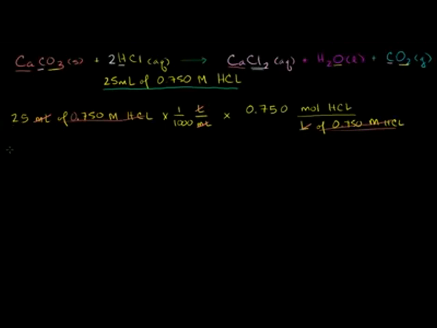And then you're left with 25 times 1 times 0.750 divided by 1,000 moles of hydrochloric acid. And let's get our calculator out to solve for this right here.